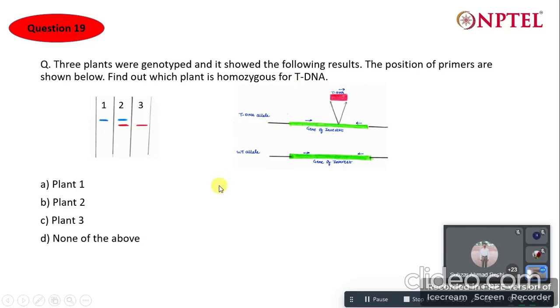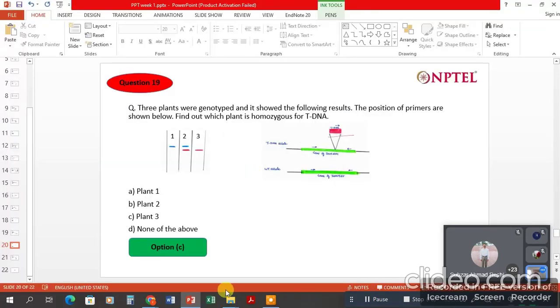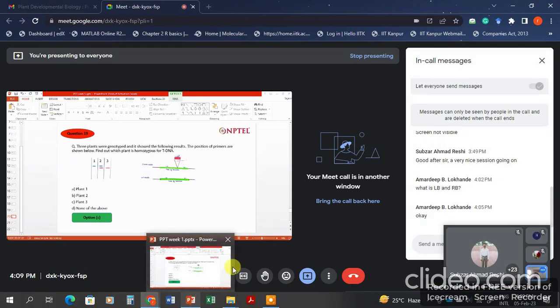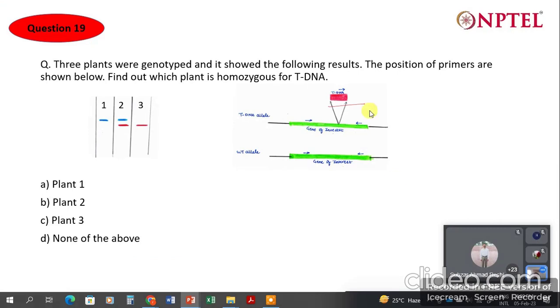So as we can see in the diagram, one primer is situated in the tDNA region, and the other primer is situated outside the tDNA region.